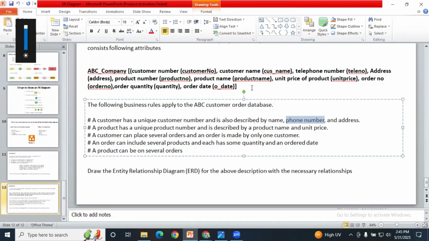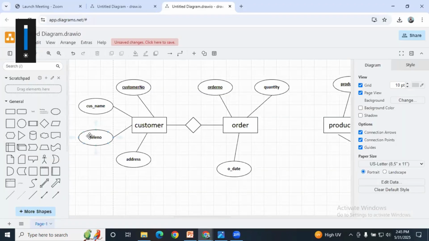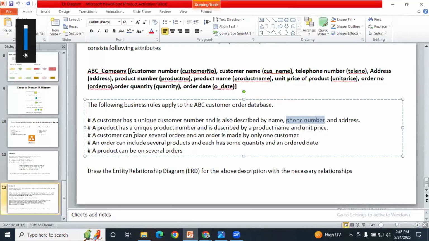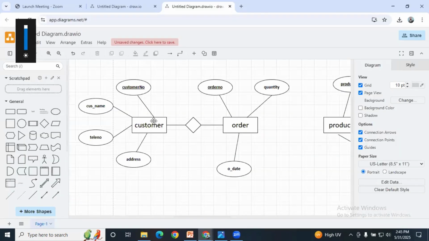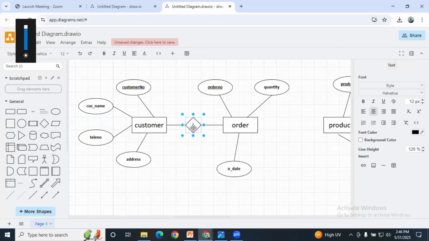If the scenario described the customer having one or more phone numbers, we could redraw it with a double oval shape as a multi-value attribute. According to this scenario, only one telephone number is assigned to the customer. That's the reason we are using only one oval shape here. So the relationship is place, and we can put it as place.